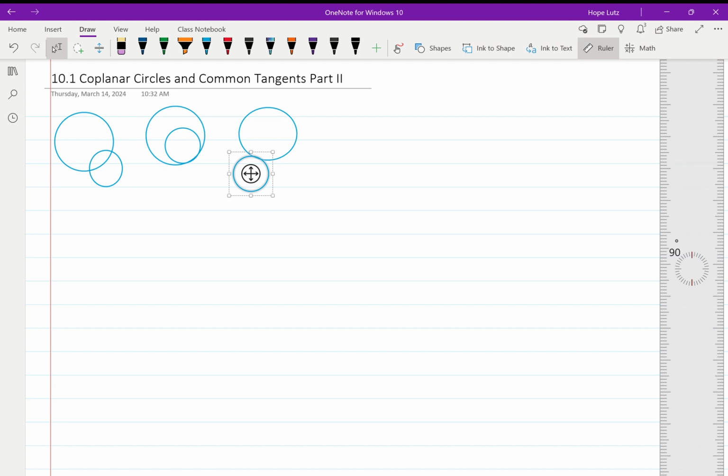And the last one we're going to do is one that's going to be totally inside.